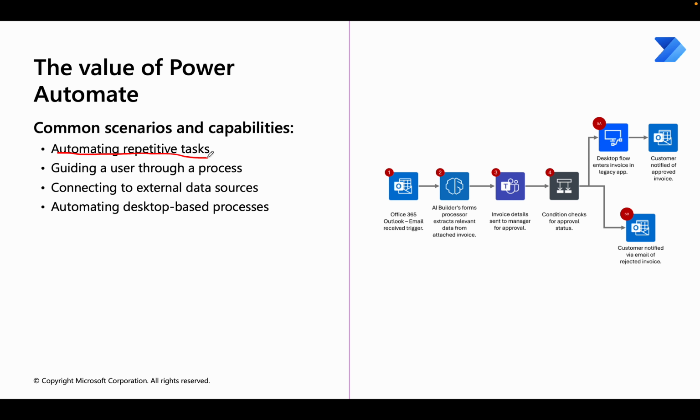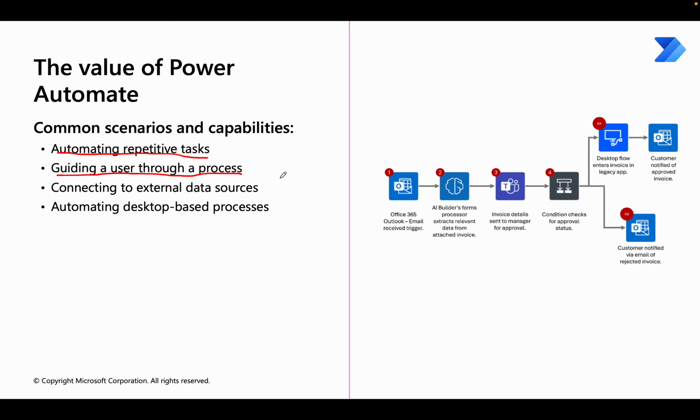So it reduces some dirty work and increases your productivity. And the other one is guiding a user through a process. So the user may follow the flow you made.